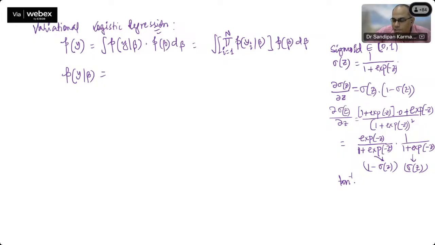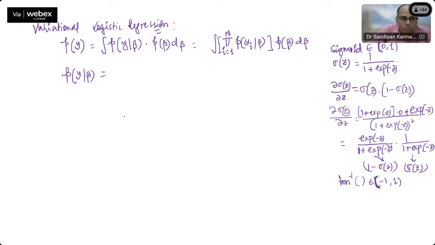That is between minus 1 and 1, an open interval. So when you want output between minus 1 and 1, you go for tan hyperbolic as the activation function. Otherwise, if you are interested in 0, 1, then you go for the sigmoid function. Okay, so this is how it is done.